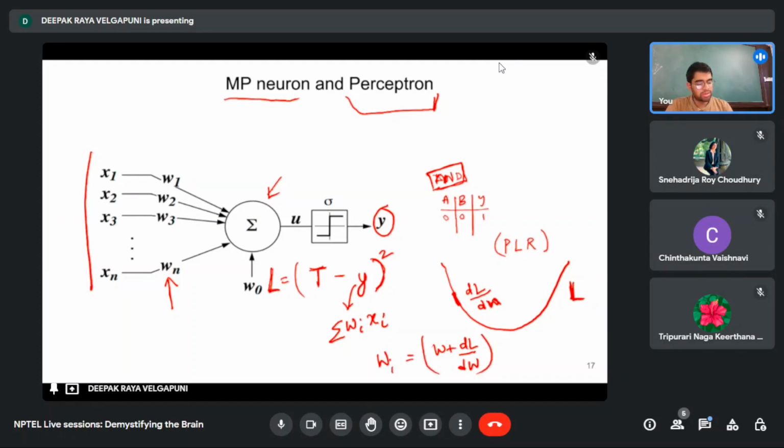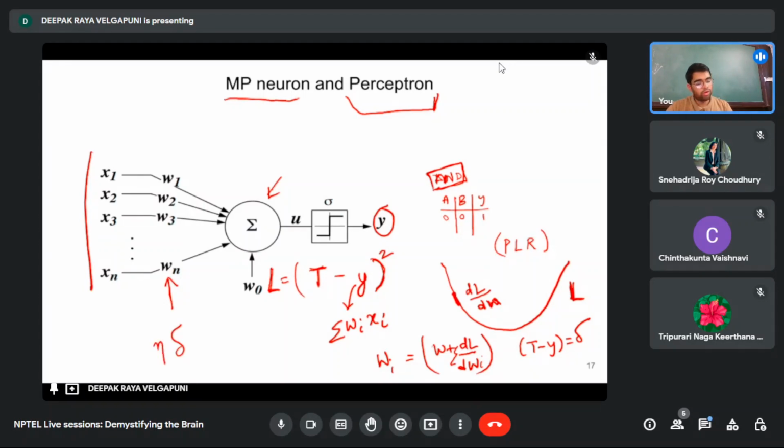You have t minus y, let's say this is delta. When you replace y by the summation of wi xi and differentiate with respect to each wi, with a summation again here, this leads to the backpropagation rule, that is delta.